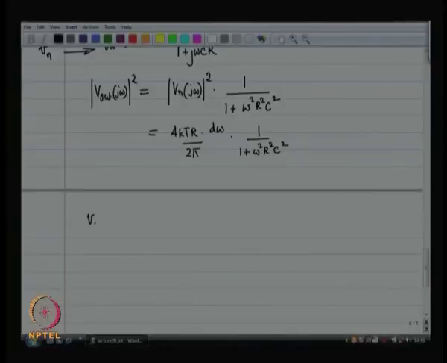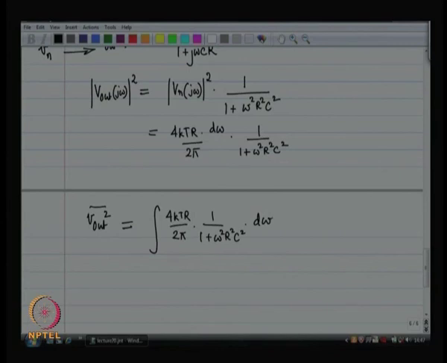So, the total noise voltage squared at the output is equal to the integral of 4 kT R by 2 pi divided by 1 plus omega squared R squared C squared times d omega.